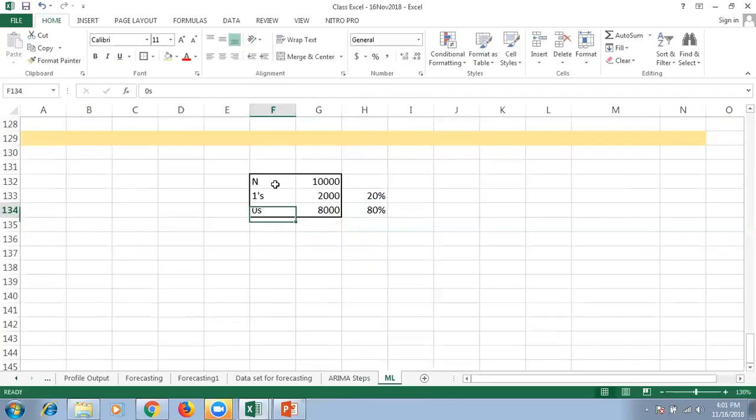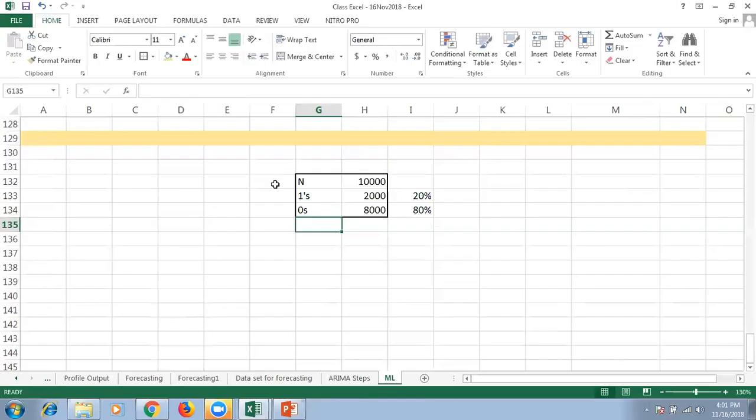Okay. Now, when I say decision tree, I was referring to this as a node. Each node gets split in such a way that one of the nodes will have a higher proportion of ones and one of the nodes will have a higher proportion of zeros compared to the node we are having.